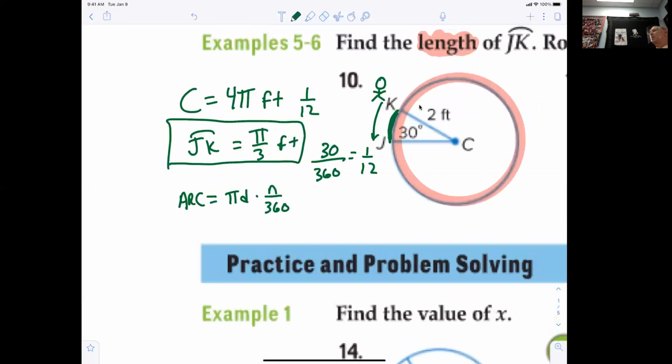So whenever you're estimating a distance, instead of using 3.14, just use pi as what number? 3. Since you're doing an approximation, pi is just roughly 3. Is everybody with me on that? But of course, we're not going to estimate. We're going to leave our answer in terms of pi, which is the exact answer, not the approximate answer. All right, so here we go. Let's see if I made any sense.